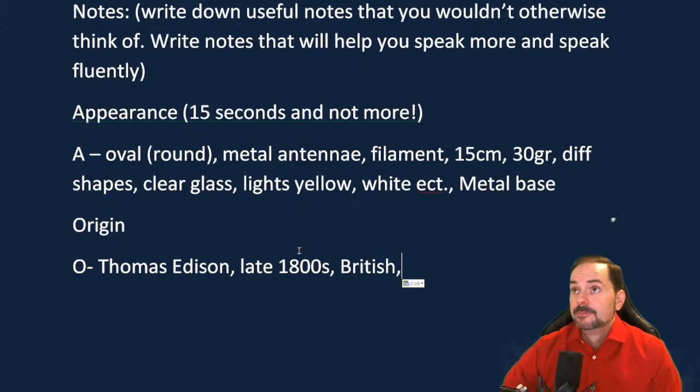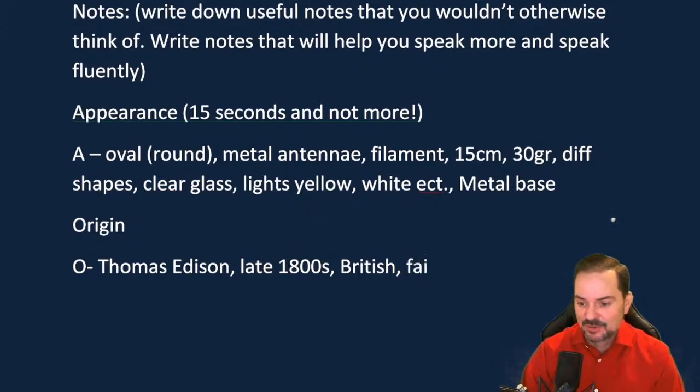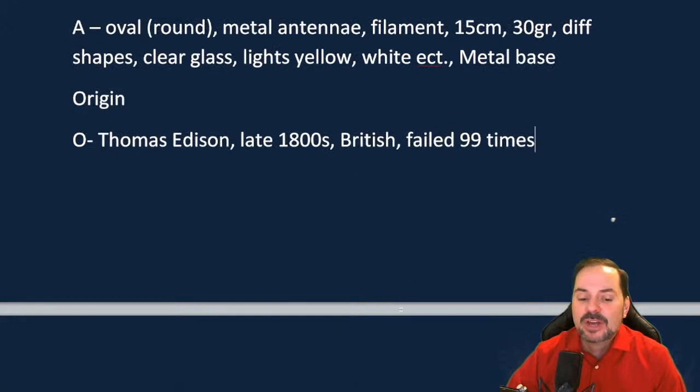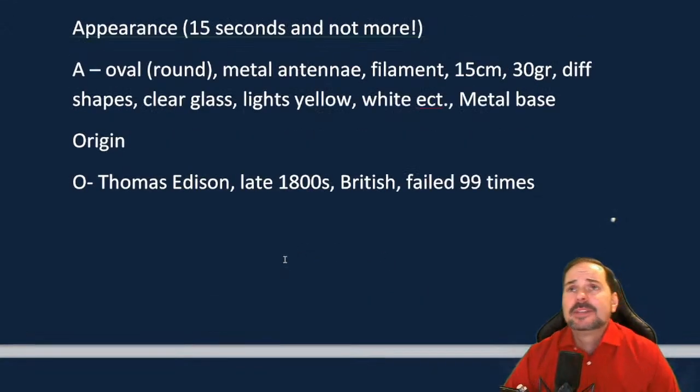Where? Annie Cronenberg says he failed 99 times. That's a famous story. And he failed 99 times. Yeah, so it exploded, it broke, he failed a lot of times. Okay, and where can I get the light bulb from now? Janiel says he failed 999 times.